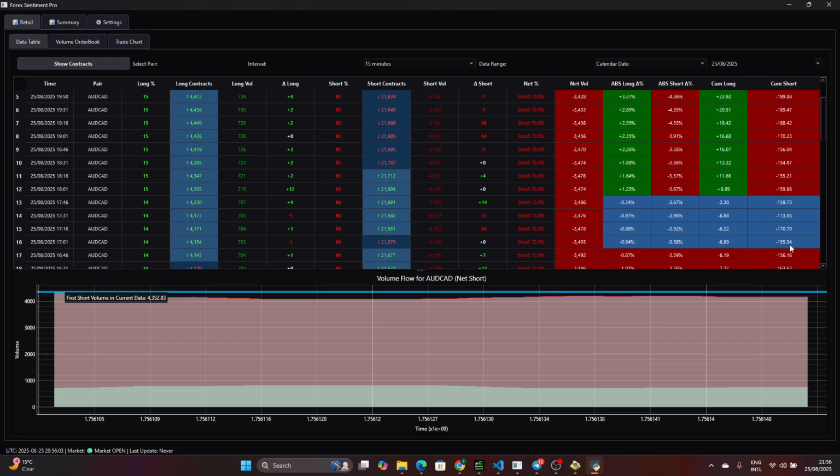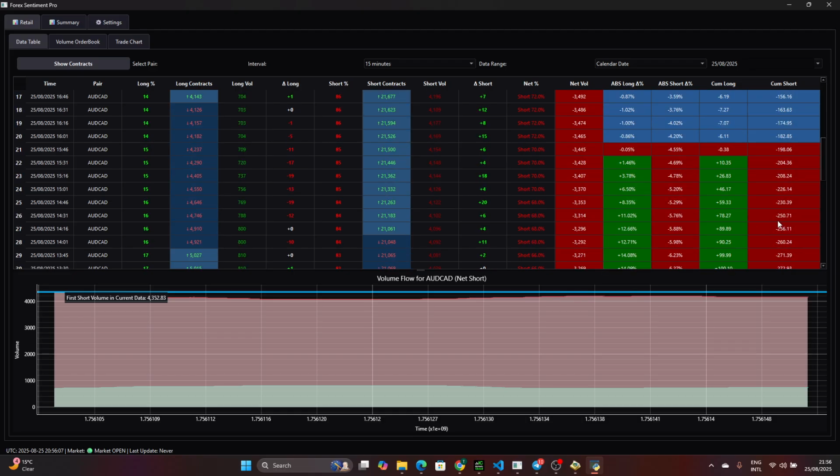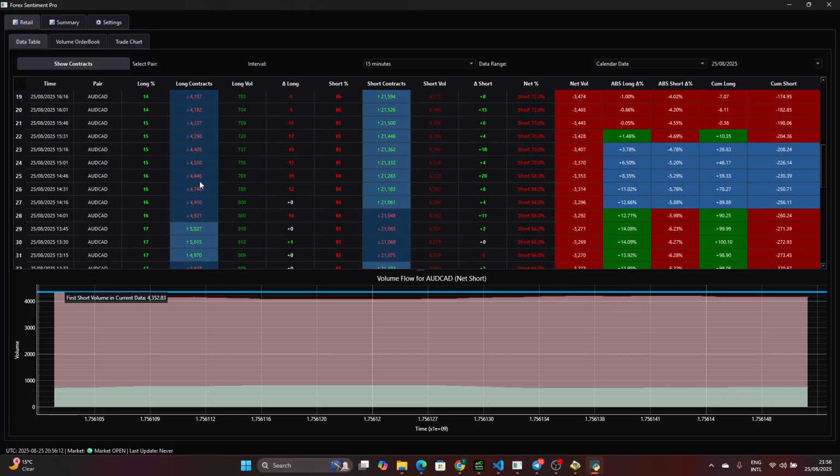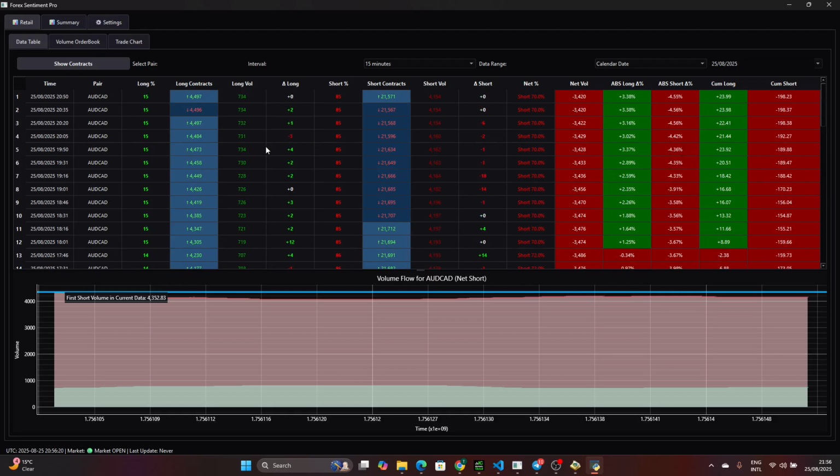This is the time where you don't want to trade, where you don't want to enter the market. This is the time where you can enter the market if your volume analysis matches what you see on the absolute and cumulative volumes as well.